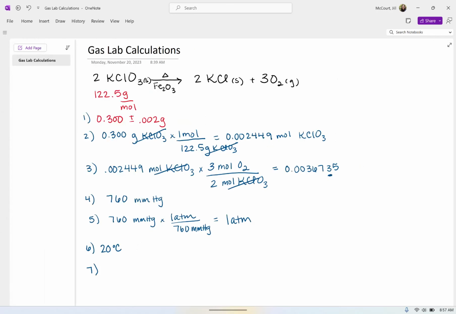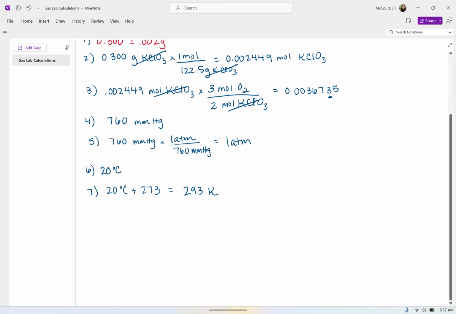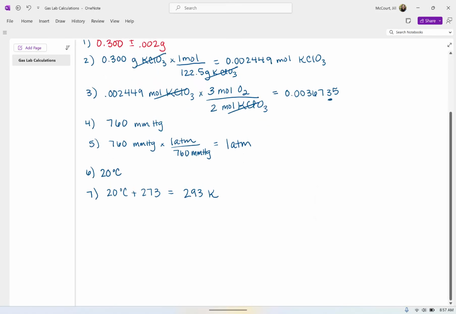And so we would just take our 20 degrees Celsius and we would add 273, and then we get 293 Kelvin. And remember, we have to do this because Kelvin doesn't have a negative number as an option on the scale, and we have to look at it in the Kelvin scale every time we're working with gases.